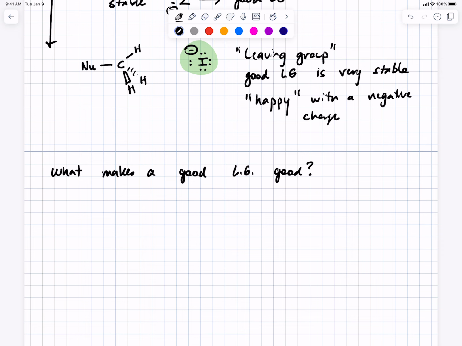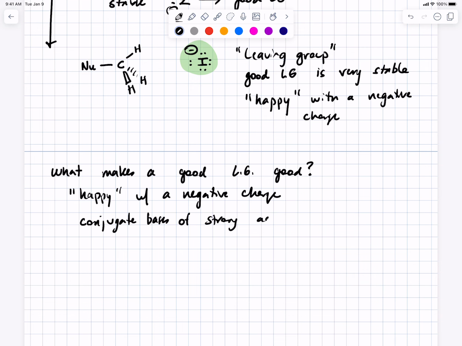And another way of saying that is saying that good leaving groups are conjugate bases of strong acids. So, let me give you some examples.